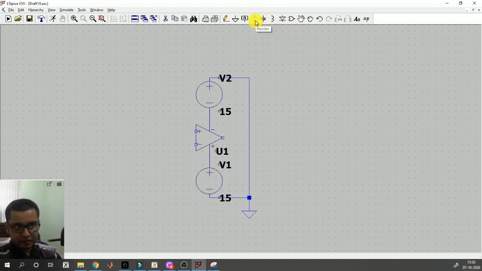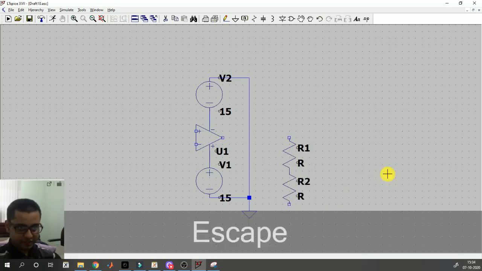Now I will take two resistances and connect them in series like this, 1 and 2. They are already in series.